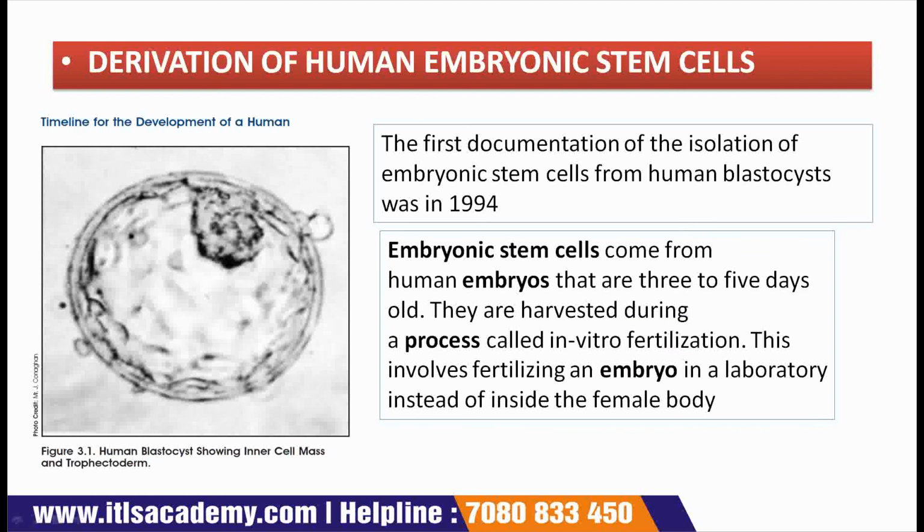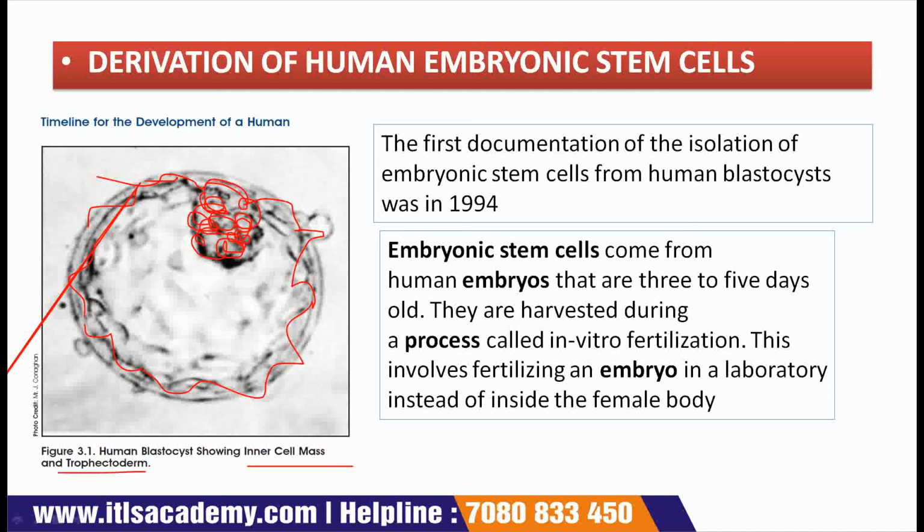Here in this diagram, you can see a human blastocyst showing the inner cell mass and trophectoderm. This is the trophectoderm layer, also known as the trophoblast layer, while this is a mass of cells known as the inner cell mass.